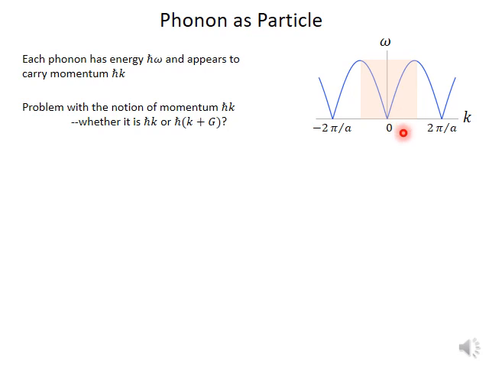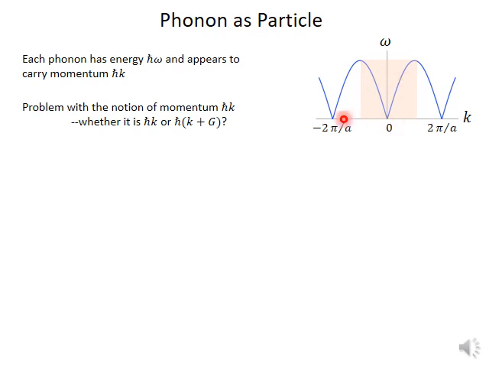And the problem is this. Let's say you take a particular k mode within the first Brillouin zone. Then this k is the same as the k which would be somewhere here. So you subtract a reciprocal lattice vector G from this particular k, and you would reach another k here, which would represent exactly the same physical system or the same physical vibration.